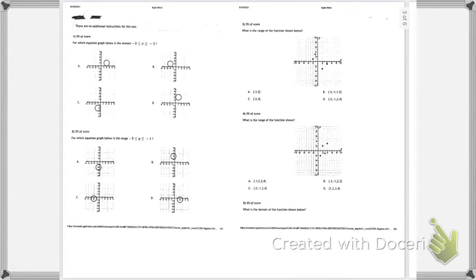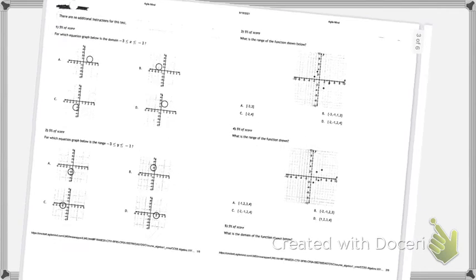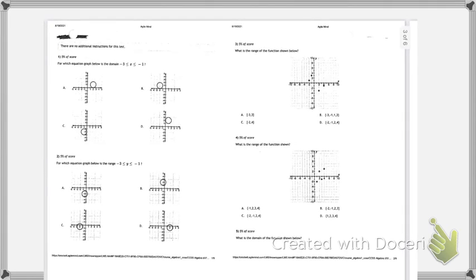All right, on the next section, this is from Agile Mind. So these questions will be about domain and range. So for number 1, it says, for which equation below is the domain? Domain is the x.